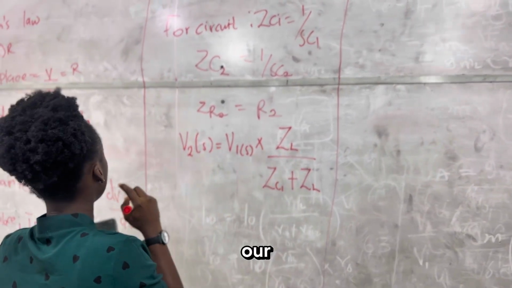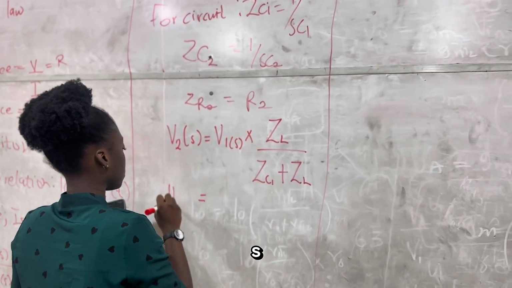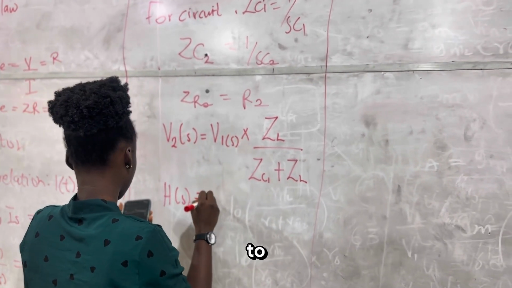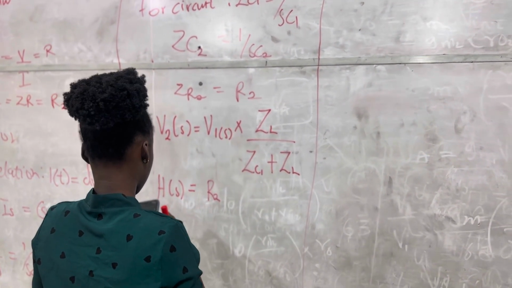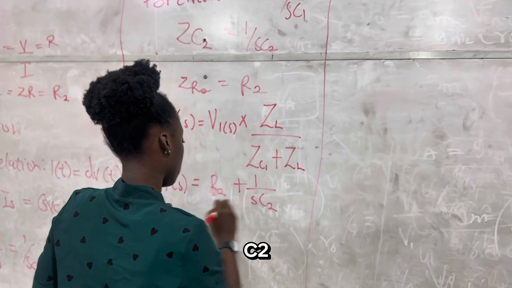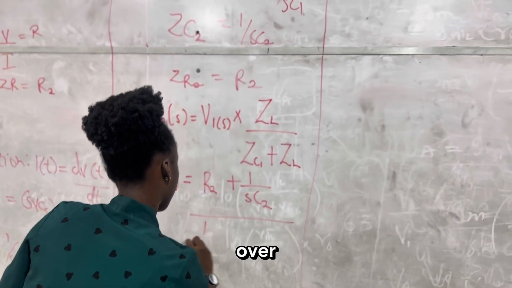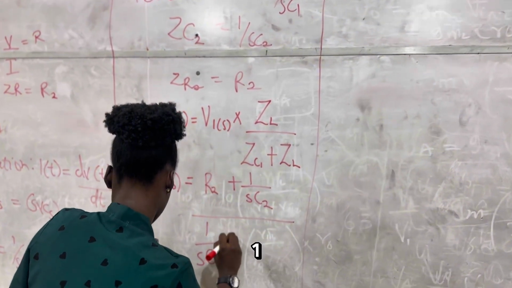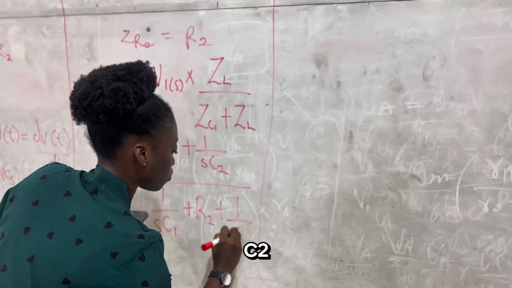Substituting our transform values, we have our H of S being equal to R2 plus 1 over SC2, all over 1 over SC1 plus R2 plus 1 over SC2.